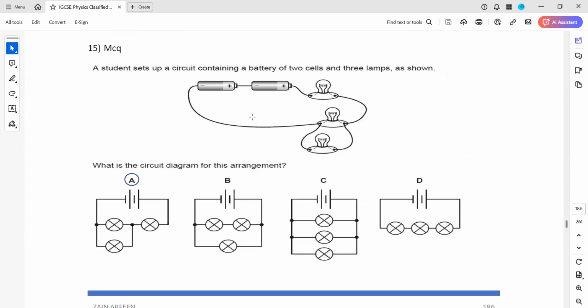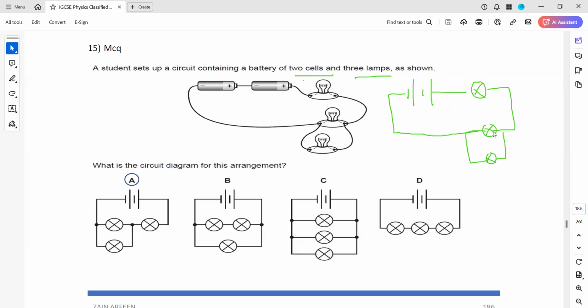In question 15, a student sets up a circuit containing a battery, two cells and three lamps, as shown in the diagram. So first we have cells. If we try to draw the same circuit symbols, we have a cell, negative, positive, then next to that another cell is connected, then we have a lamp, and with this lamp another lamp is connected, and with this lamp another lamp in parallel, and then the wire connection goes back to the negative terminal.